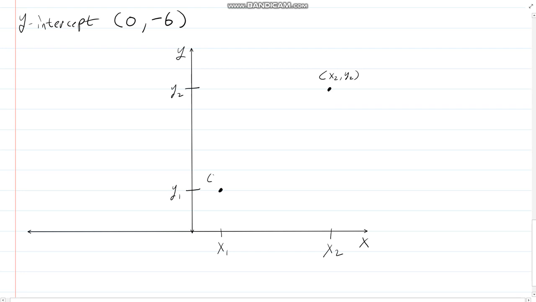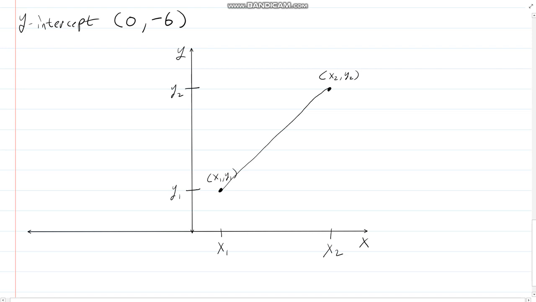And you have x1, y1. But we want to know what is the distance between these 2 points. So I'm going to try to connect these the best I can. That should have been a straight line, but what is the distance between those two?